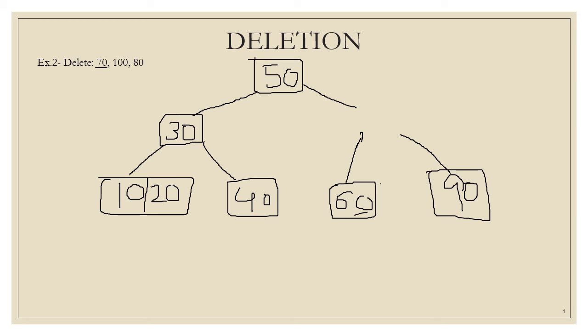So we'll have to bring this 50 down, and we'll have to take help from the left subtree of 50 to remove the violations. Now, if we take 50 as the root node, since there are so many children, along with 50 we'll have to take one more element in the root node.